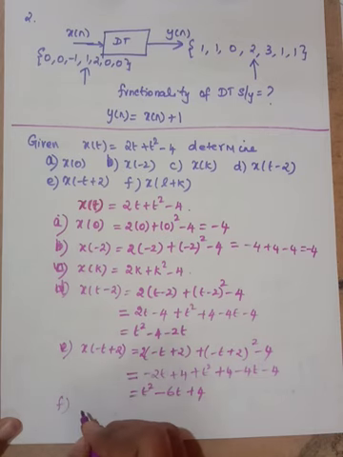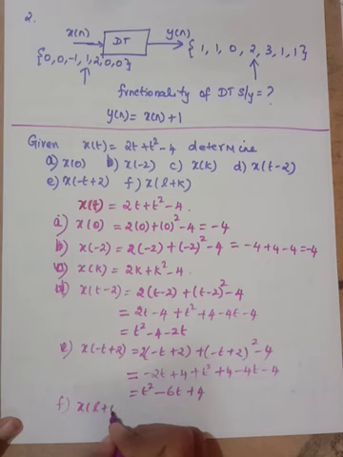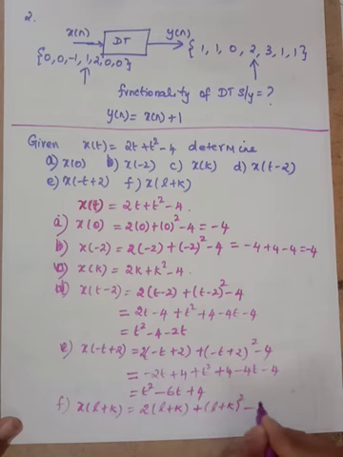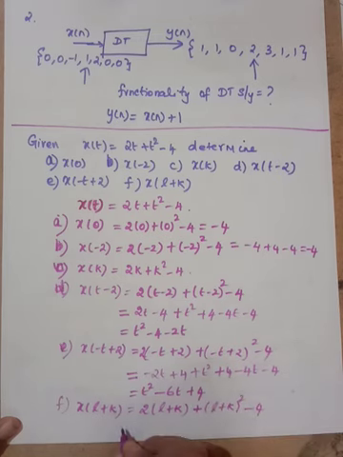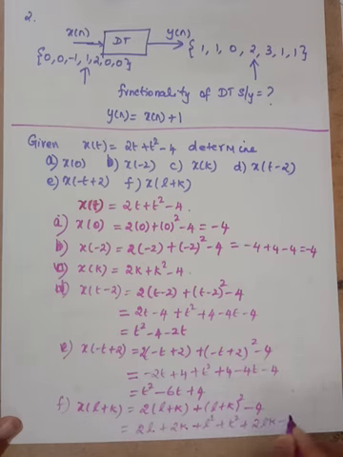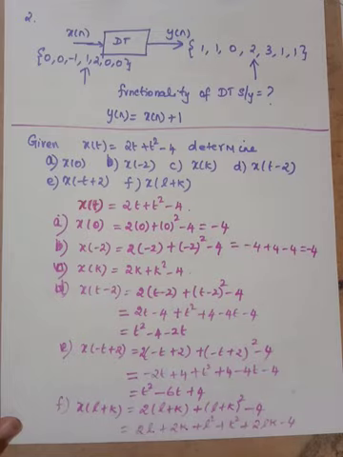Next, finally the last one, x of L plus k. Here instead of t, I am going to substitute L plus k, plus L plus k the whole square minus 4. When I simplify this, what I will get is 2L plus 2k plus L square plus k square plus 2Lk minus 4. So this is the answer I am getting.